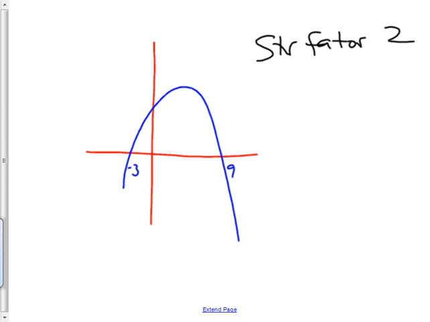It's just easier to throw a number in front, so we'll always do vertical stretches if we're going to do stretches at all. Good point. And the whole goal of this question is to tell me the vertex. Find the vertex.